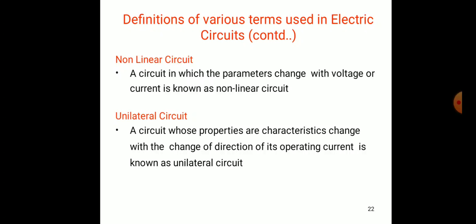A circuit whose characteristics change with the change of the direction of its operating current is known as a unilateral circuit.